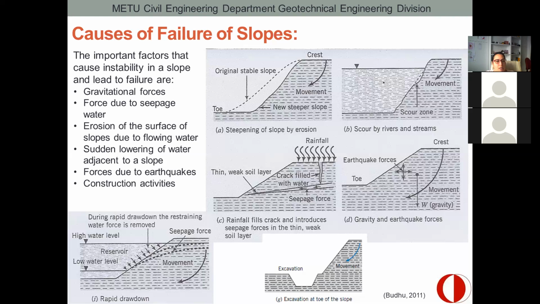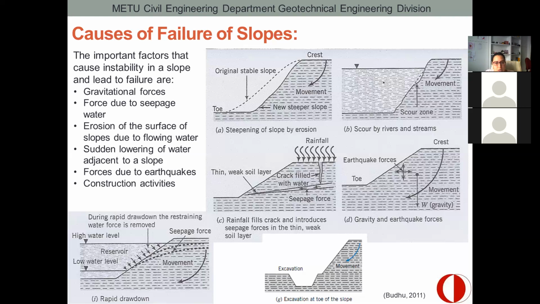Okay. Sometimes we can design the slope based on a slope angle and a slope height, and check for the factor of safety and make sure that we don't accept failure because the factor of safety is bigger than 1.